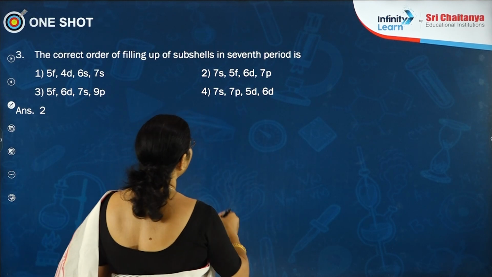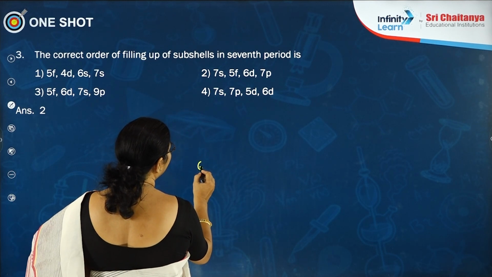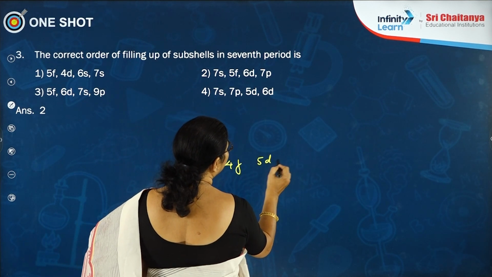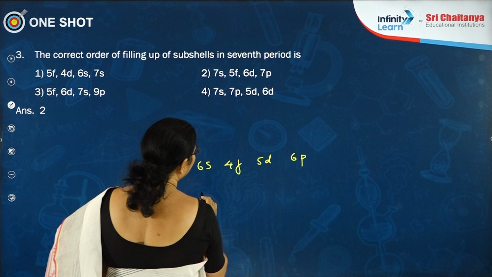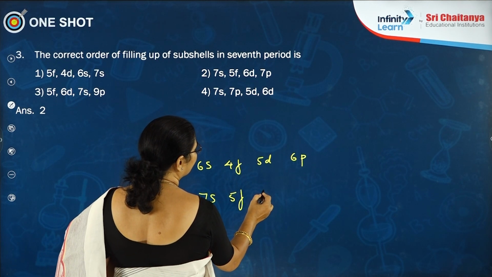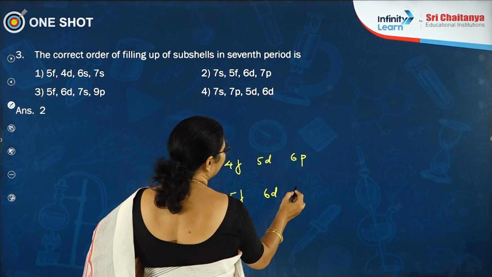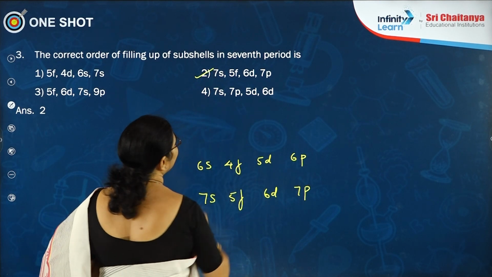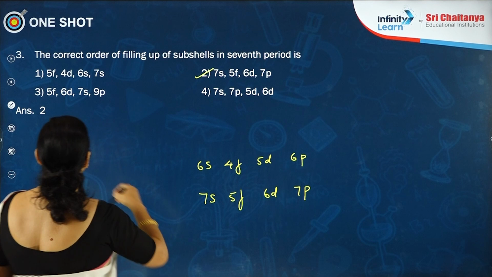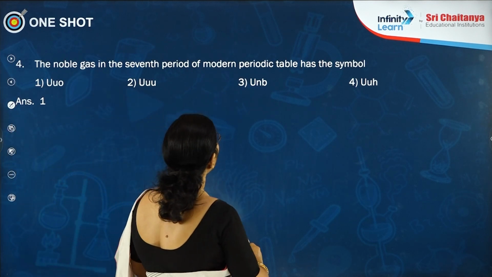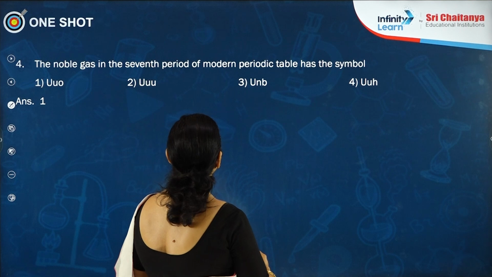Next, the correct order of filling up of subshells in the 7th period. In the 6th period, the order is 6s, 4f, 5d, 6p. In the 7th period it becomes 7s, 5f, that is n minus 2 f, n minus 1 d, np. So, the correct order is 7s, 5f, 6d, 7p. This is the configuration. Next, the noble gas in the 7th period of the modern periodic table has the symbol.